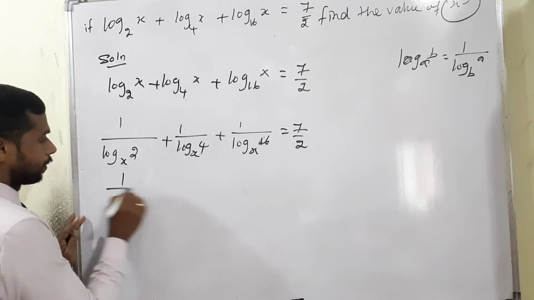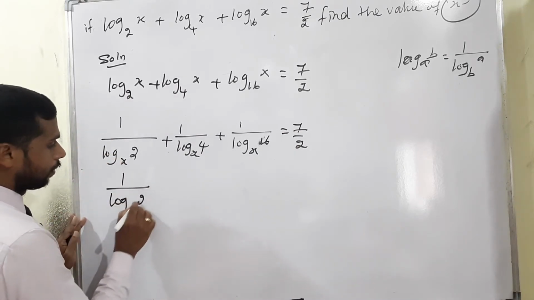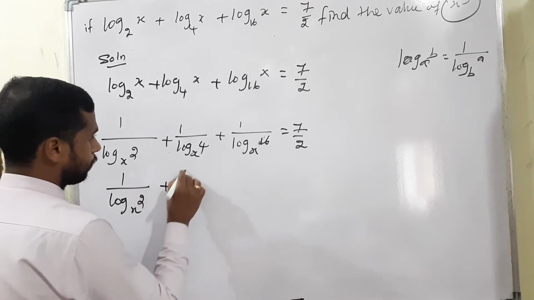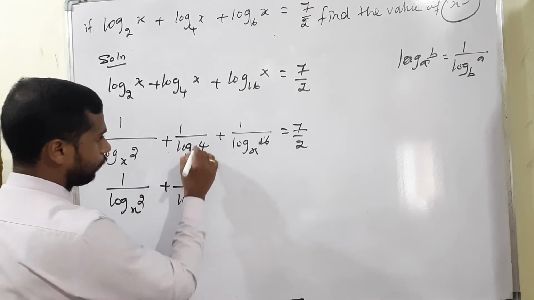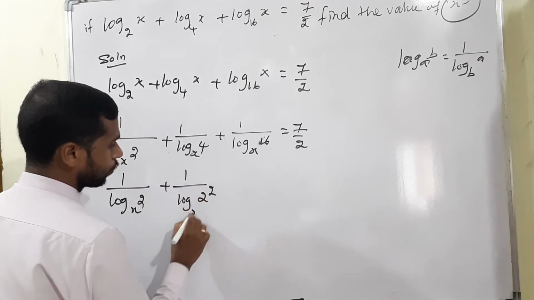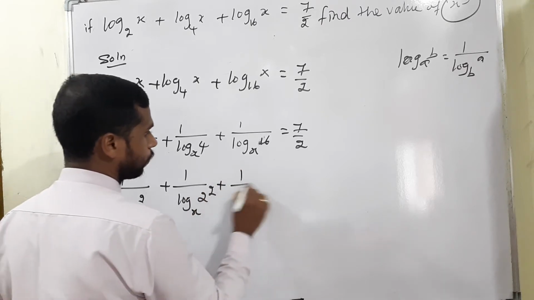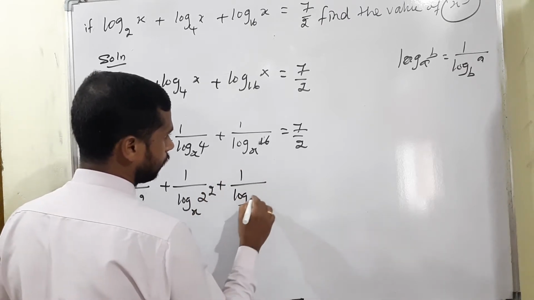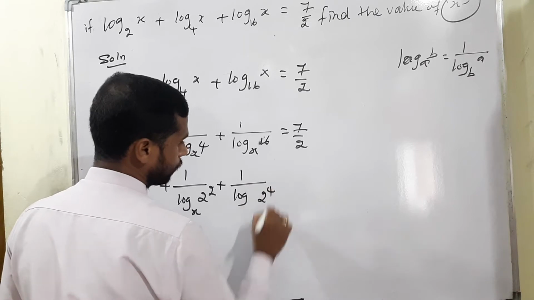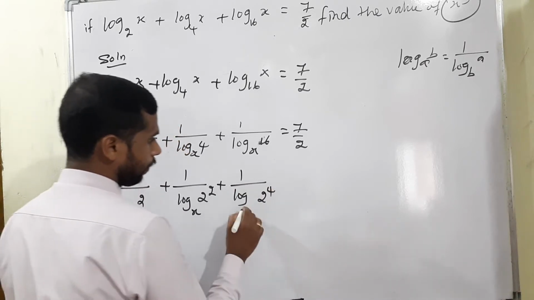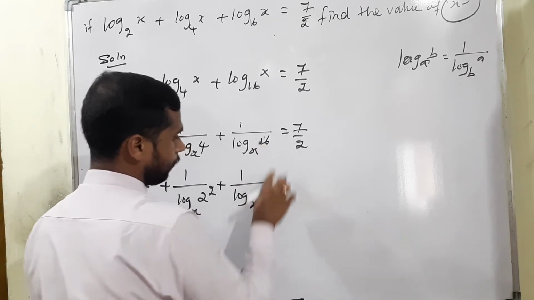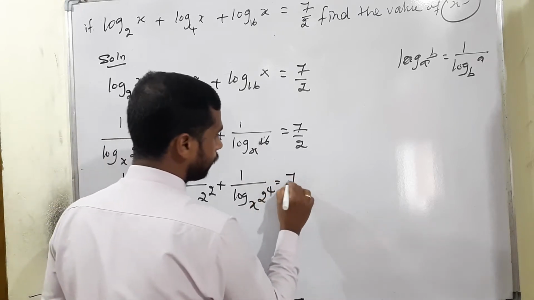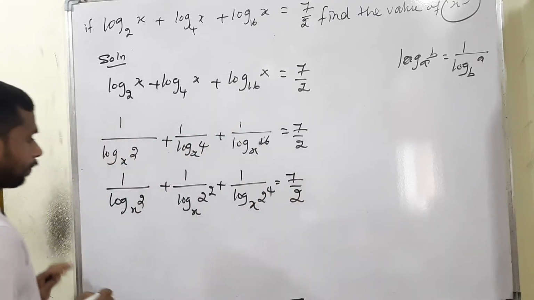So the first term as it is, 1 by log 2 base x, plus 1 by log 4, we can write now as 2 squared base x, plus 1 by log 2 power 4 base x, for 16, is equal to 7 by 2.